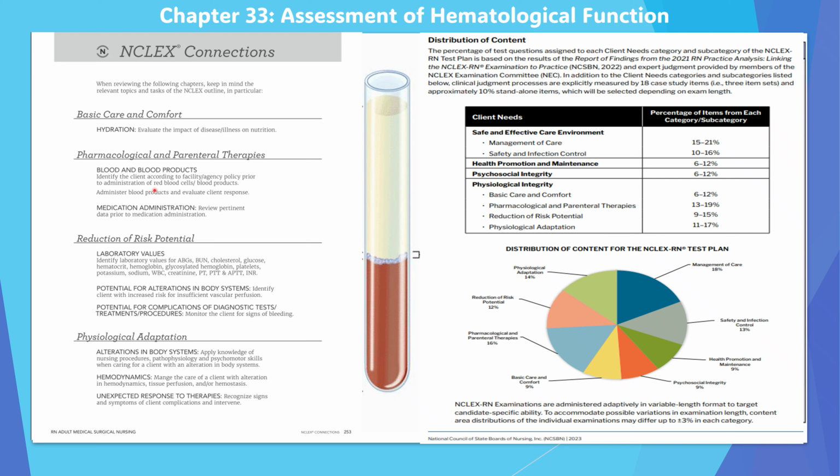Identify the client according to facility or agency policy prior to administration of red blood cells, blood products. Administer blood products and evaluate client response. Medication administration: review pertinent data prior to medication administration. So here are the blood products.